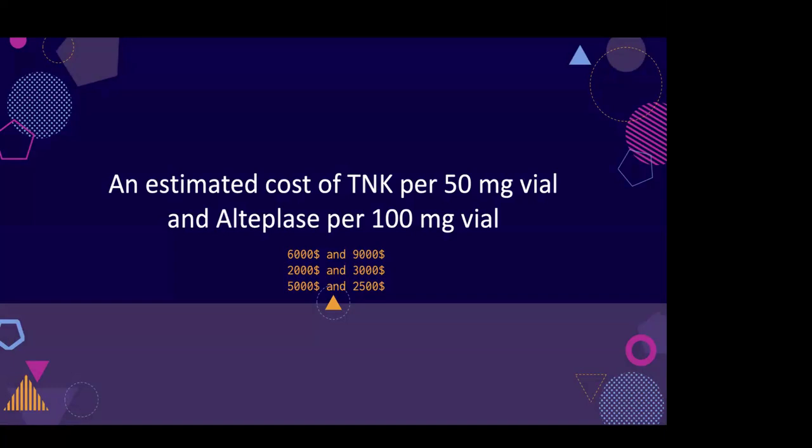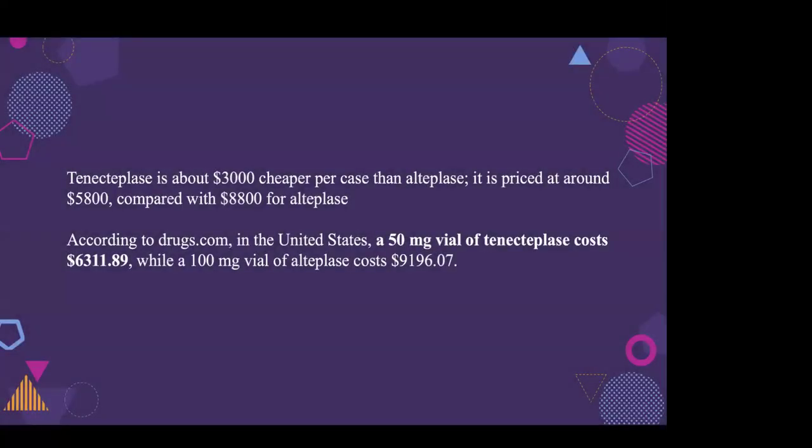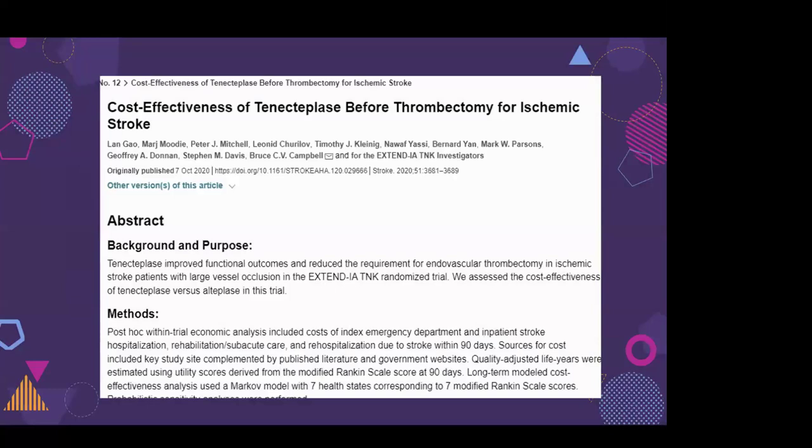I don't think there's an American study yet, but this data is US data, and it says the cost of TNK per 50 milligram vial and alteplase per 100 milligram vial differ by $3,000. So tenecteplase is about $3,000 cheaper per case, and we can see that it will overall be a little bit more cost effective.